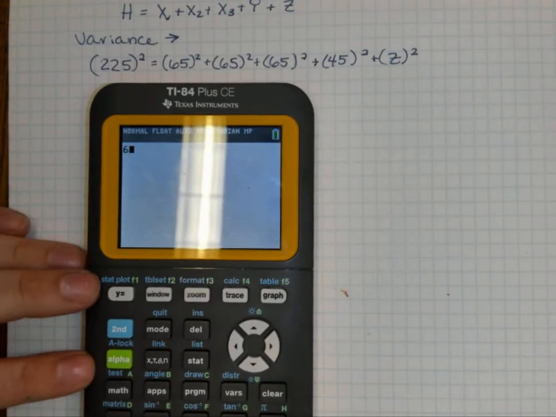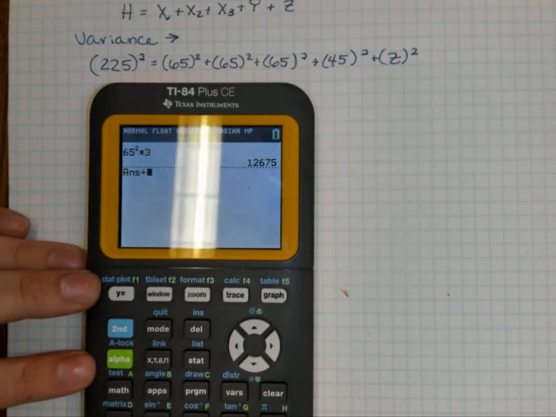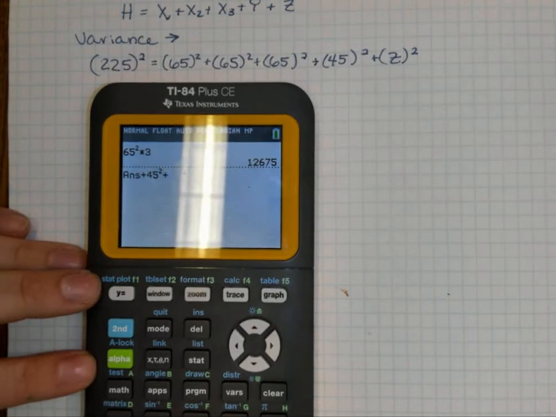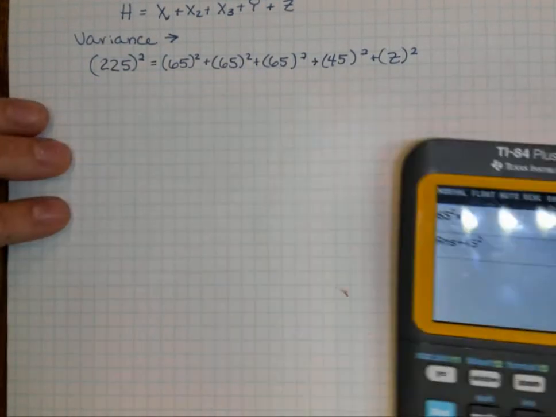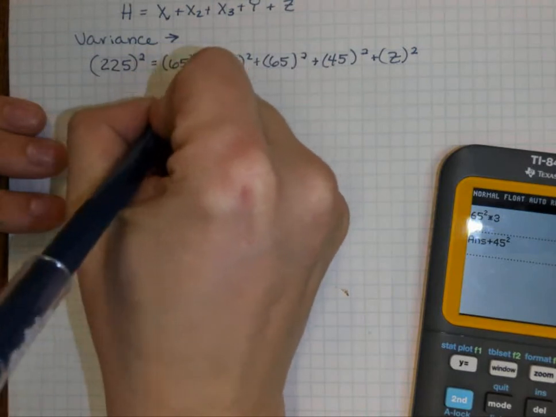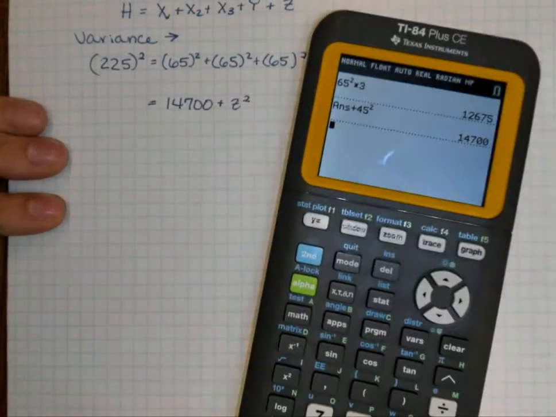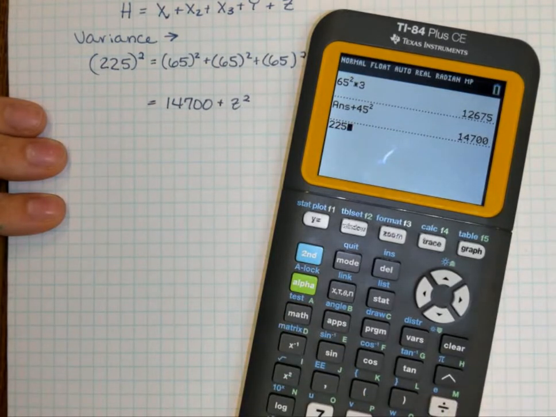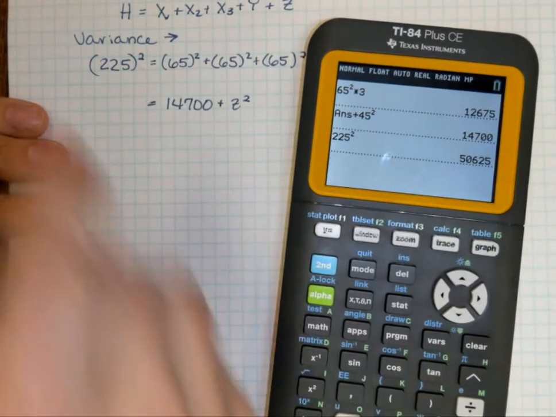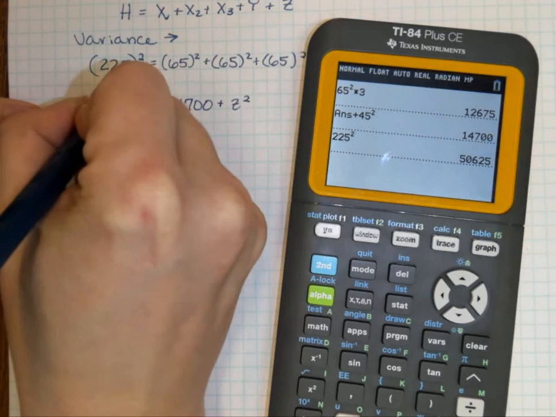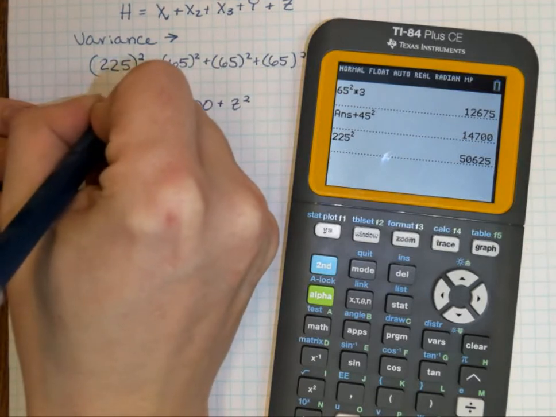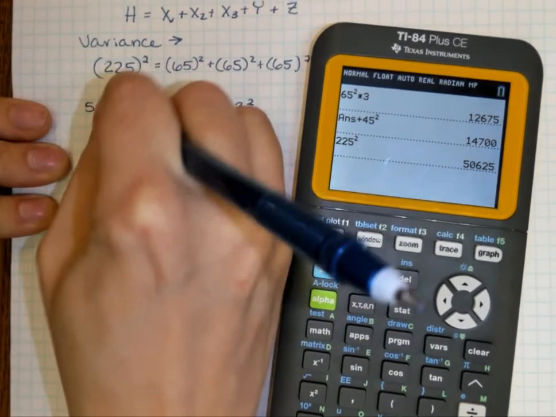So I can just do 65 squared times 3. So that's the 3 bedrooms. The kitchen. Nope, not the other stuff. So far over here, I have 14,700, whatever the other guy is. Where's the squared button? There we go. 50,625. Helps if I write the numbers right.